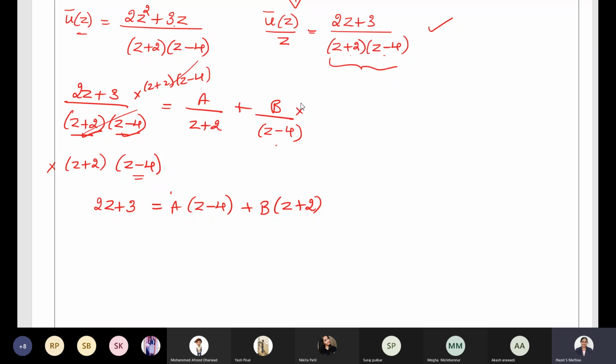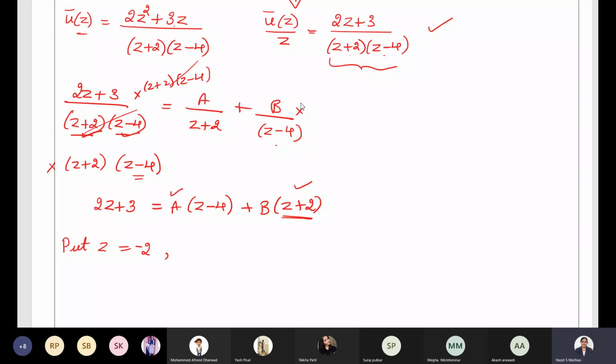Now you see, I need to find the value of a. That means this term has to be made 0. So what value of z should I put so that the coefficient of b will become 0? Now you all have to tell me what value of z I should put, and be quick. Minus 2. Minus 2, correct.